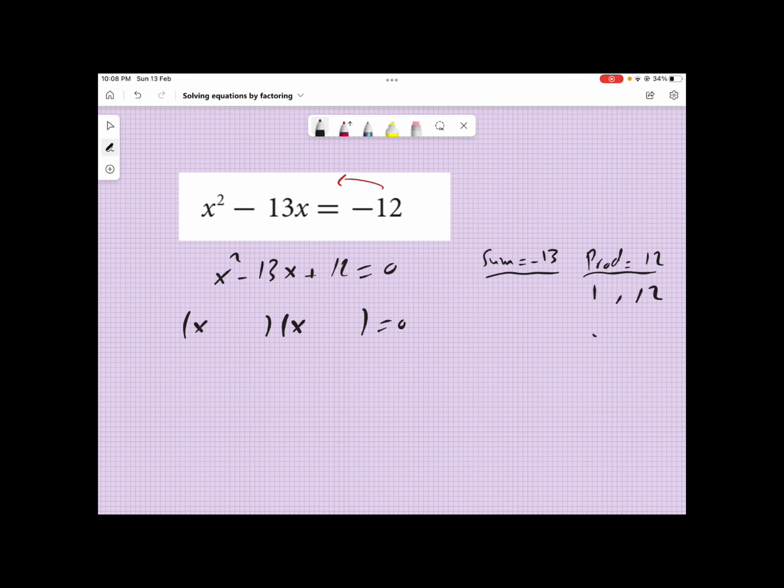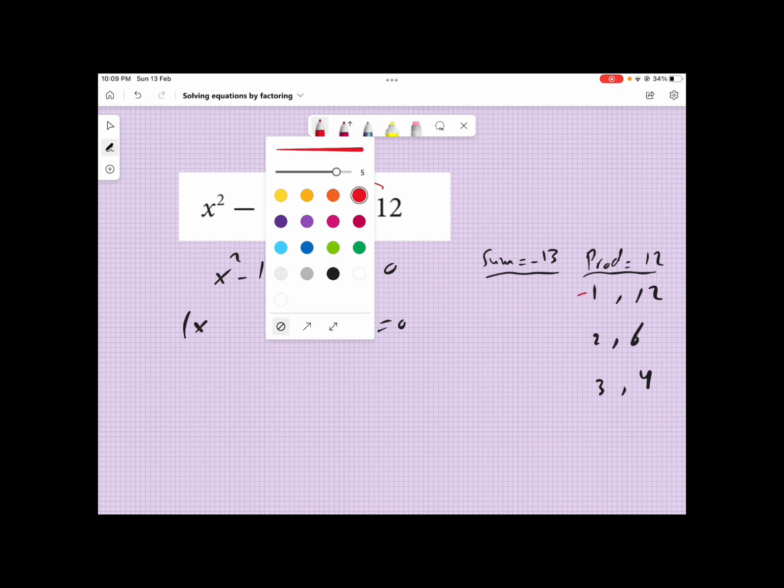So 1 times 12, 2 times 6, 3 times 4. These are the possibilities. Because the product is positive, either both of them are negatives or positives. Because the sum is negative, both of them must be negative.